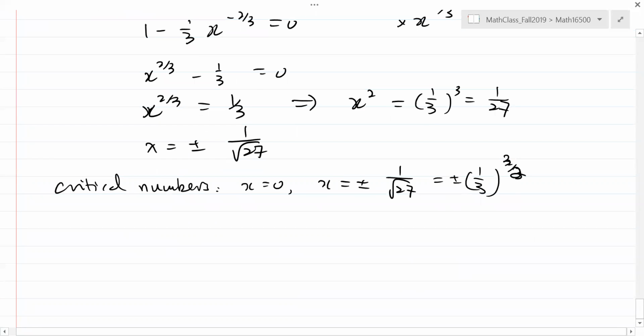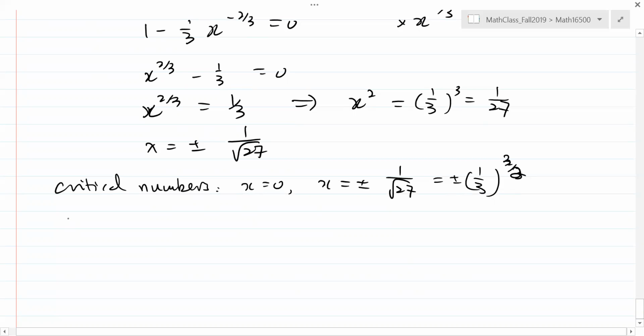The function is continuous on this interval, so the function has an absolute maximum value and an absolute minimum value somewhere. All you have to do is check the value of the function at the endpoints and at the critical numbers.